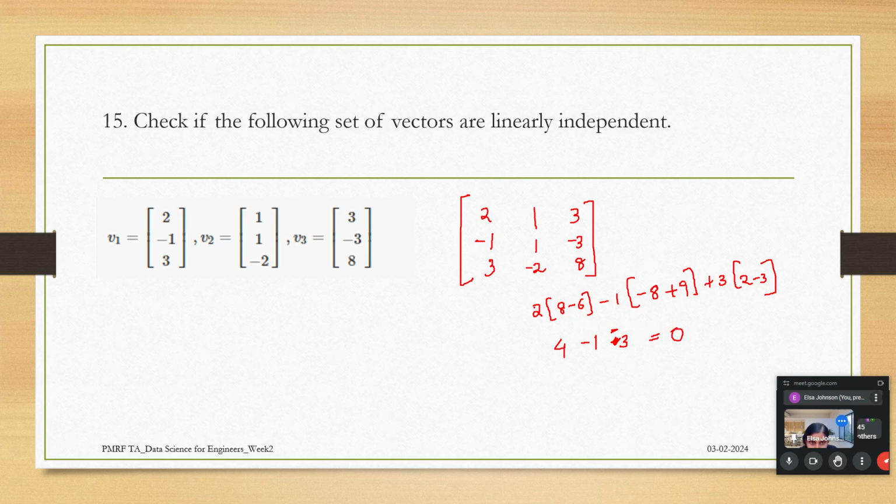Linearly dependent, yeah. So the vectors will be linearly dependent. If the matrix A is given like this, the determinant of A is coming like zero. That means that they are linearly dependent.